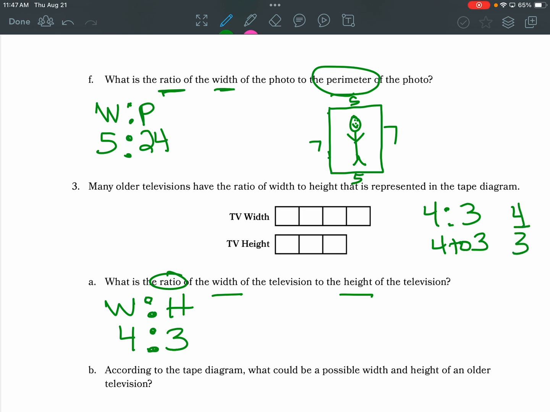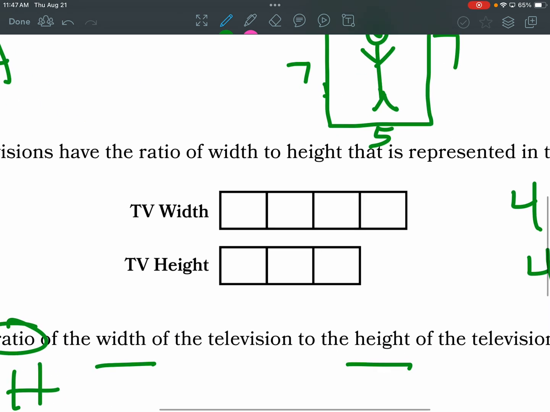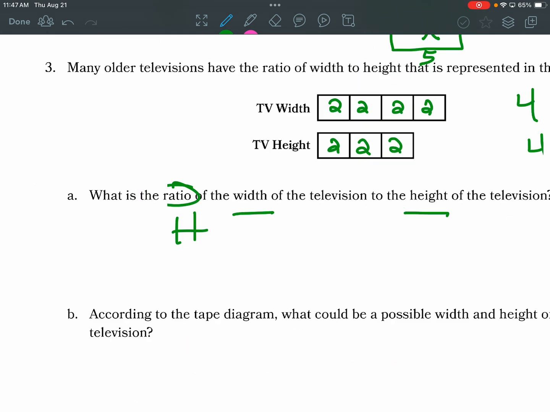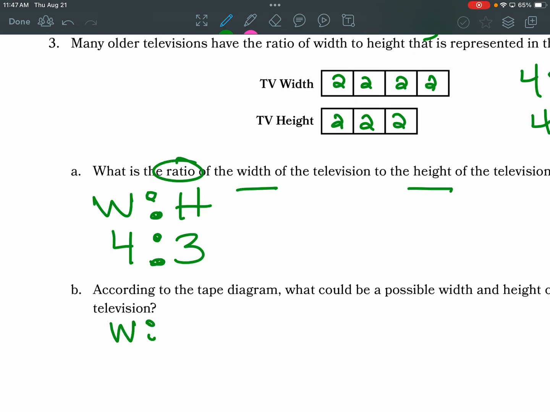Okay. What if I do this? What did I just do? What are they now worth? 2. So what is my width now? 8. And what is my height? 6. Okay. So I could have width to height of 8 to 6, right?